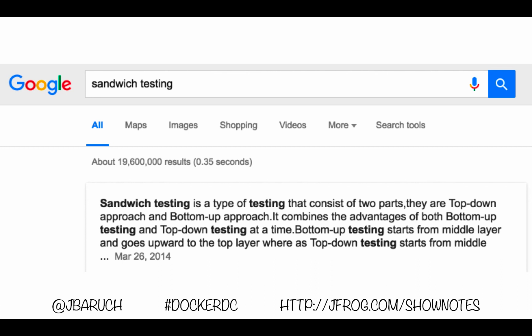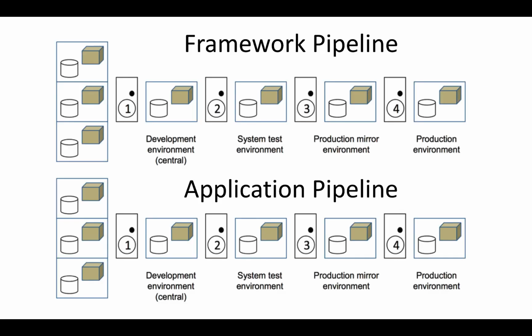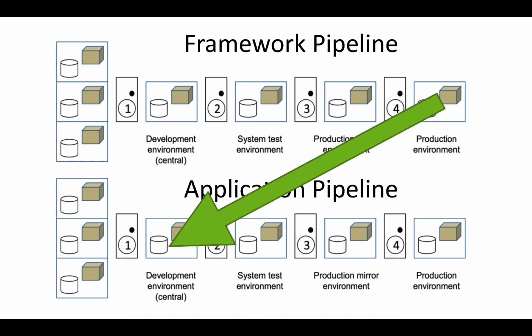It's actually a very bizarre flavor of integration testing in which you do top-bottom and bottom-up at the same time. It doesn't make sense for a lot of cases, but it makes perfect sense in our case. We have two pipelines, you remember, the framework and the application, and we test them one with another. When we have a new application pipeline, we will test it with the latest known good base.